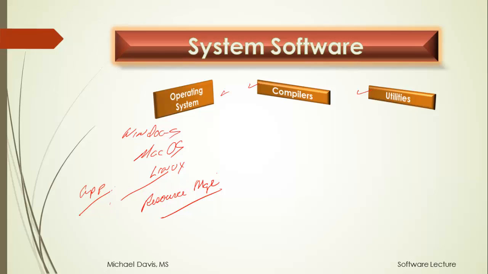And the operating system took the responsibility. So now the programmer writes his programs for the operating system, not the hardware. So the operating system is a very important part of our system.